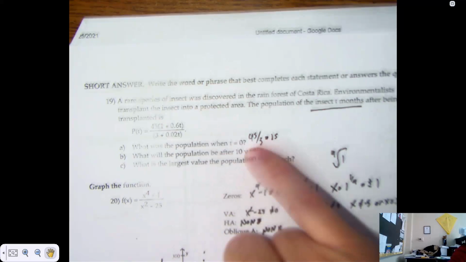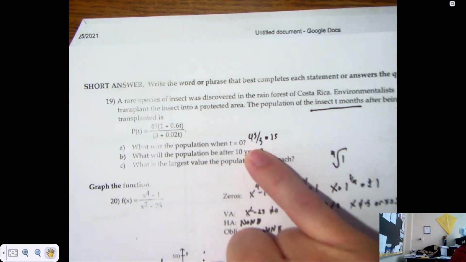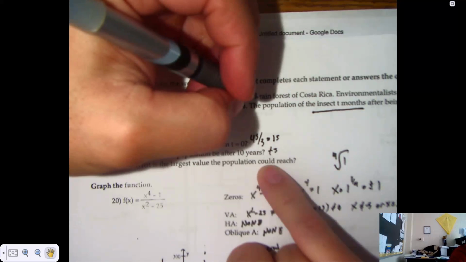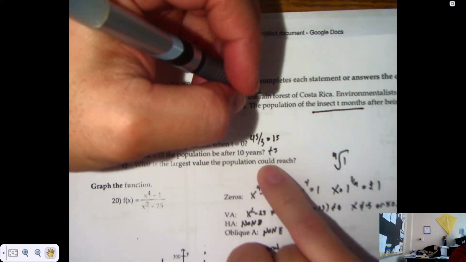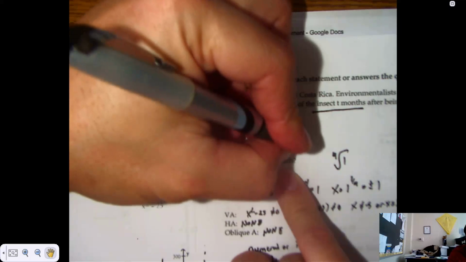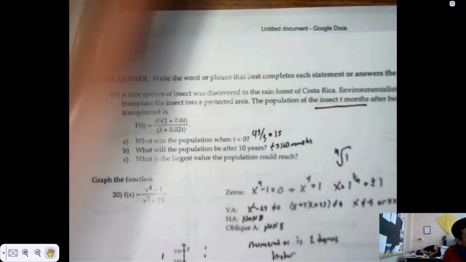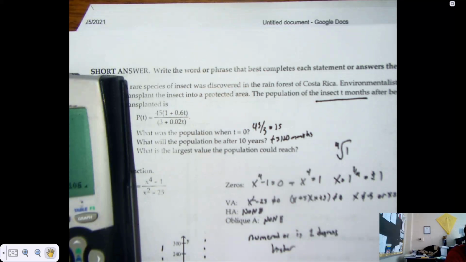which is 15. After 10 years, what are you going to have to let T be? 10 years, but 120 what? Months. Remember, the equation talks about time in terms of months, not years. So you got to remember that piece. That's an easy thing to forget.